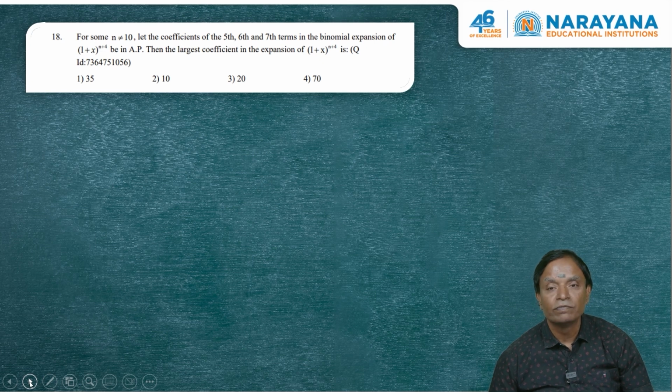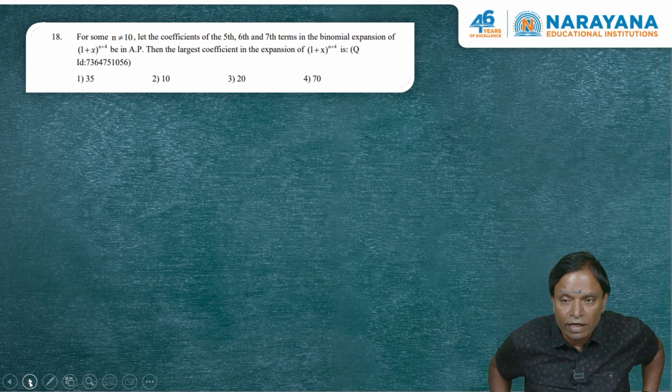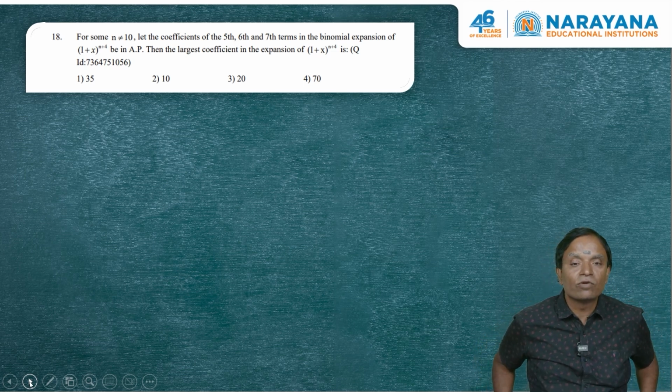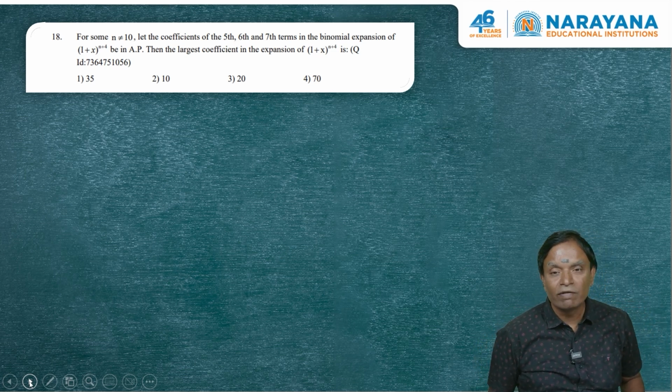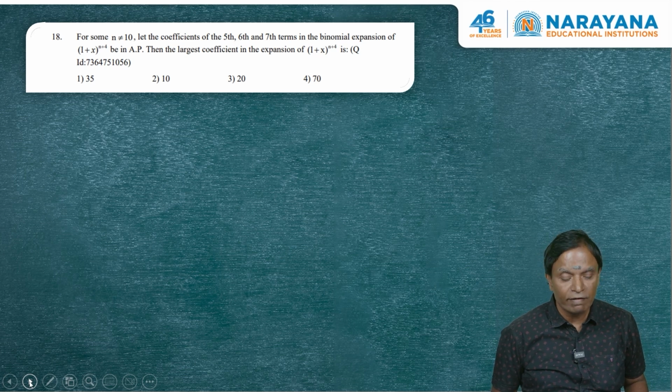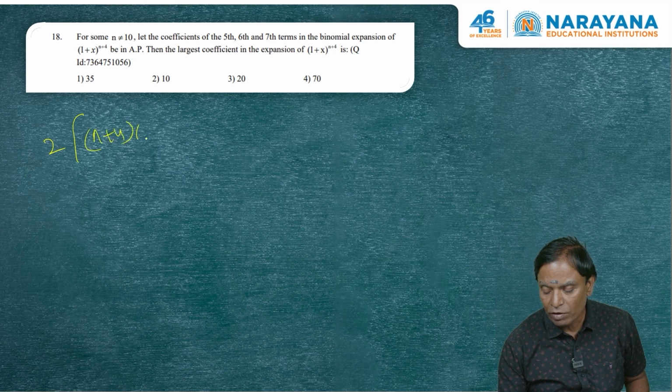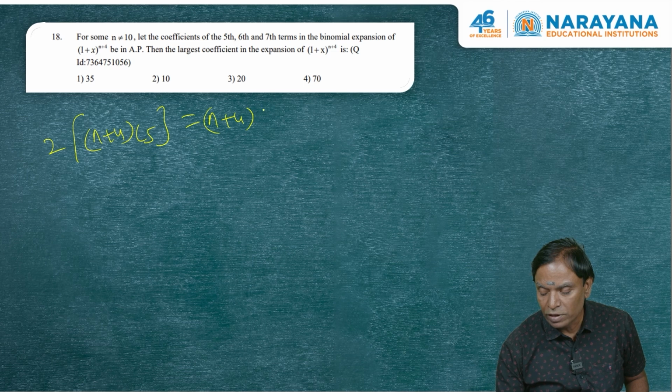You are given that the coefficients of the 5th, 6th, 7th terms in this expansion are in AP. Then find the largest coefficient in this expansion. You are given coefficients of T5, T6, T7 in AP, which means 2 times (n+4)C5 is equal to (n+4)C4 plus (n+4)C6.